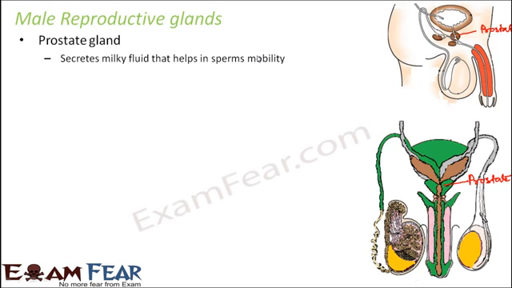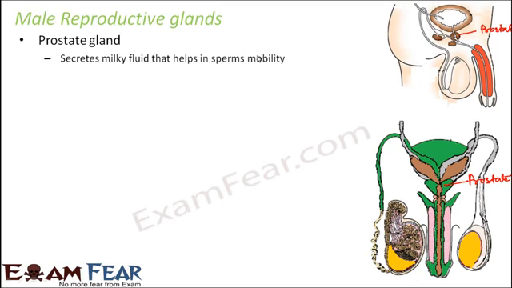Now what happens is, when you have a lot of fluid, then mobility becomes easier. For example, let us take an example where you make a paper boat. If you want the paper boat to move from one place to another, how will it move? It will not move on its own, right? But if you have water flowing there and you put the paper boat on that, the boat will start moving along with the moving water.